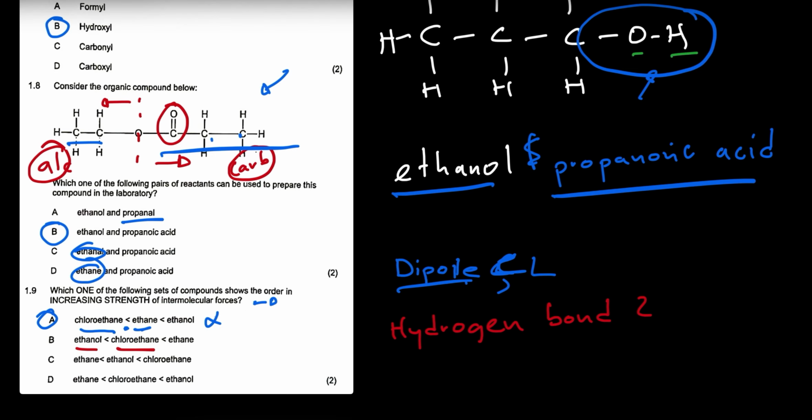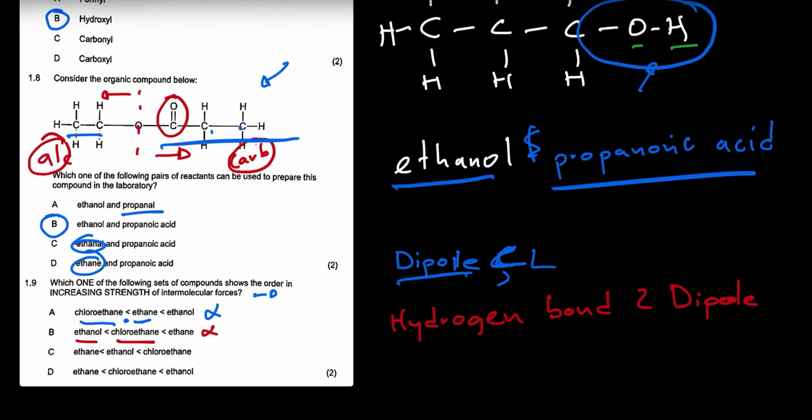So this is going to be incorrect, because the dipole forces should be weaker than the hydrogen bond, because the hydrogen bonds are the strongest intermolecular forces. So this means B is also incorrect, because that is an incorrect statement. We can't say hydrogen bonds are weaker than dipole.